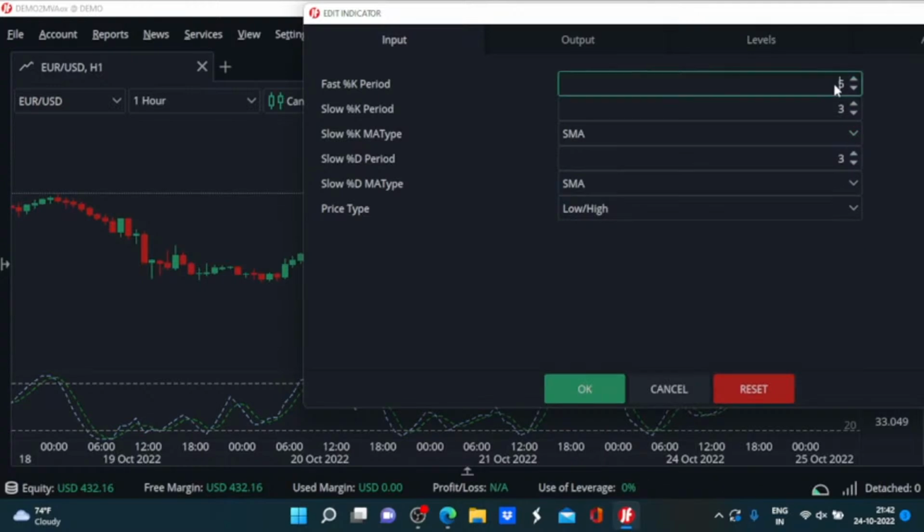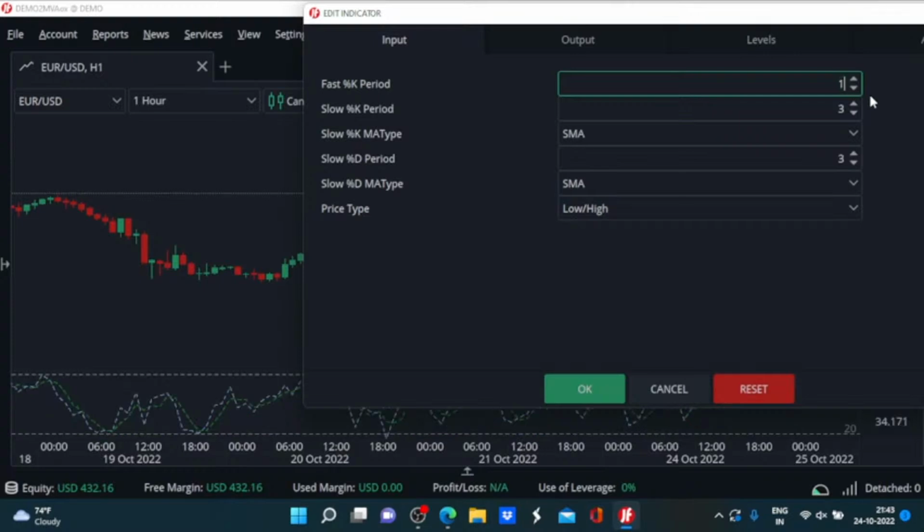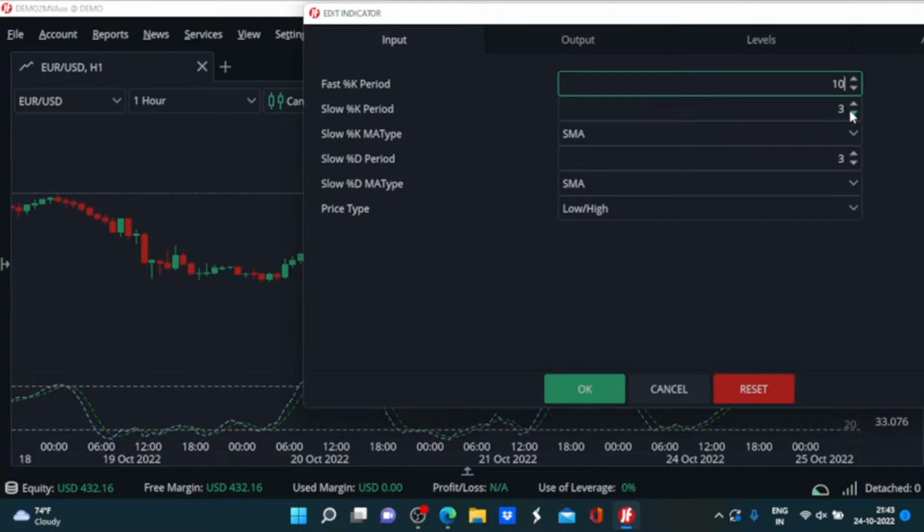Now coming to the calculation period, what kind of range you want to consider. If you are going to take the trades on the last 5 calendar periods' worth of data, then you can do that. If you want to extend it, if you simply want to double the time frame, you can do that as well.